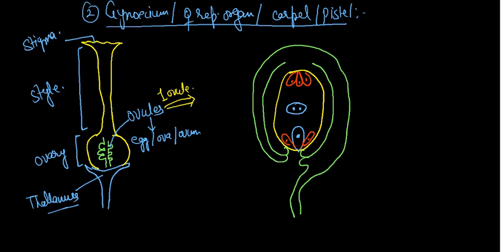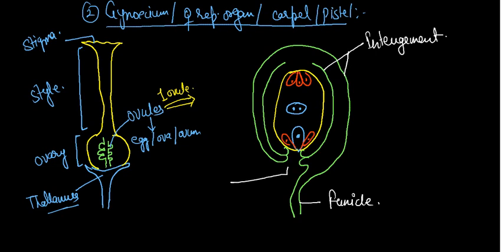Listen very carefully. These two layers are called integuments, that is, the outer integument and the inner integument. This structure is called the funicle. More structures are present, but first you know this. This pore is called the micropylar end.